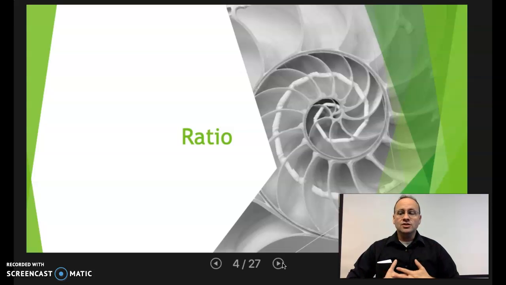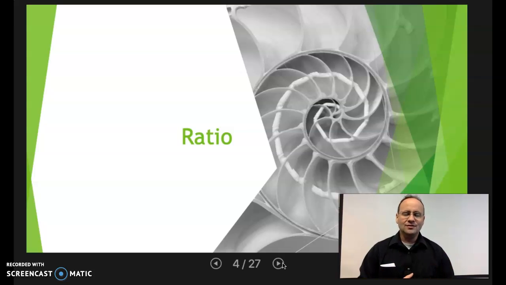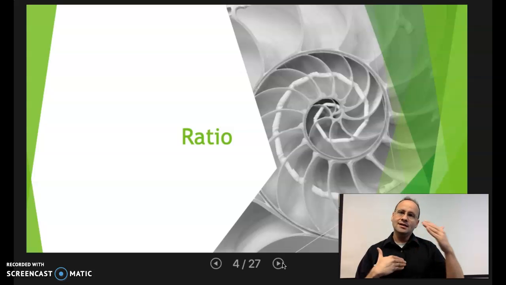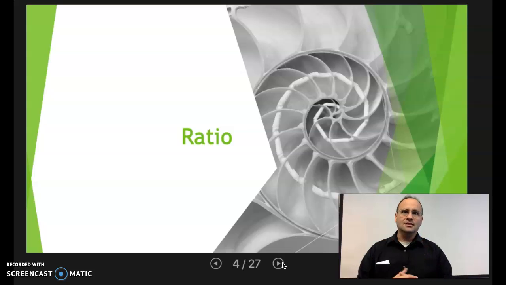I also love a story about ratios, and this might help you if you don't remember your 6th grade math. That's when we usually learn about ratios. The story is about Pythagoras, who came up with ratios and Pythagorean theorem and all that. Pythagoras was working with sound and changing the pitch of instruments and realizing that when he cuts off 2/3, that moves it up like a fifth.